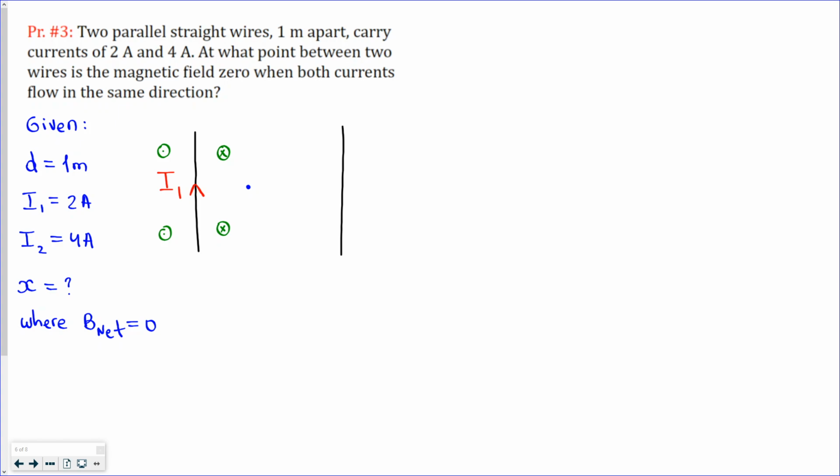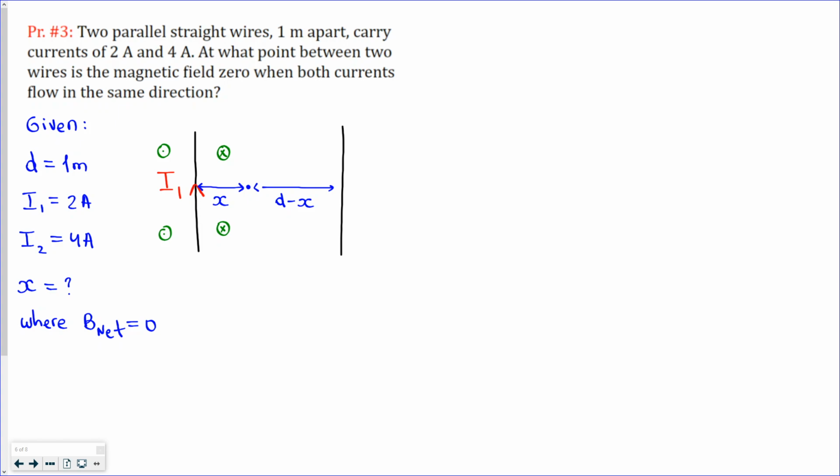Then this side will be X, and here it will be D minus X. Why D? D is the total distance between these two wires.